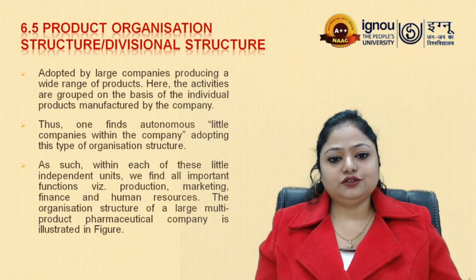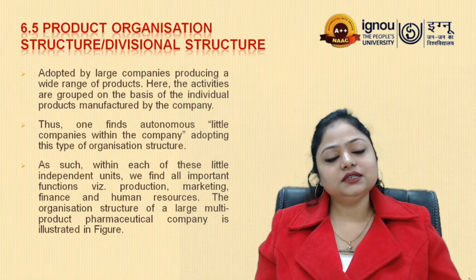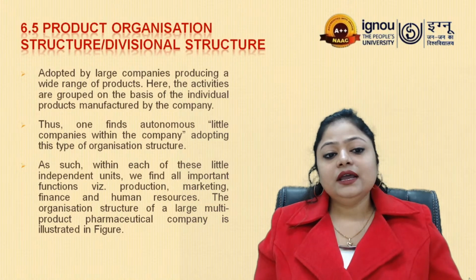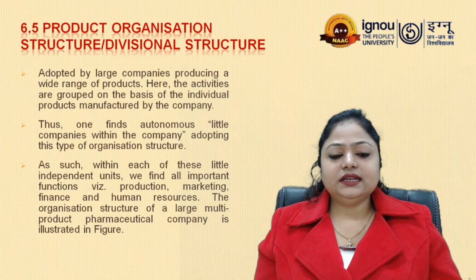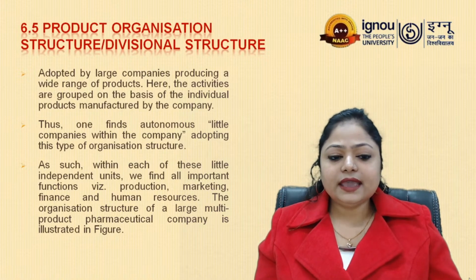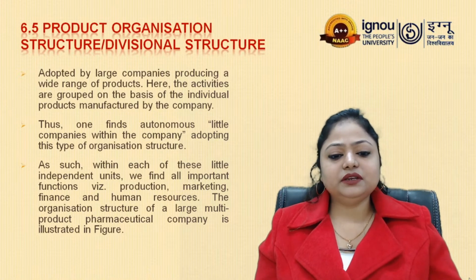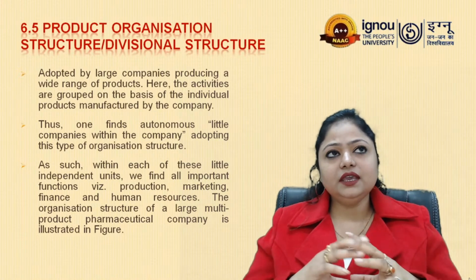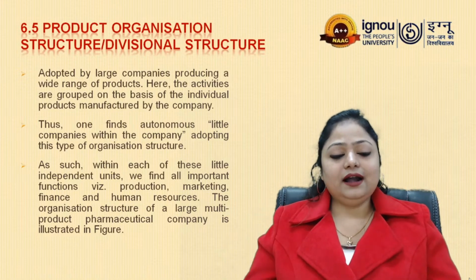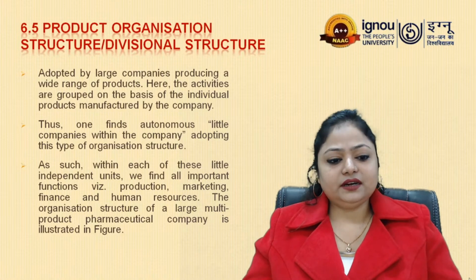Thus, one finds autonomous little companies within the parent company adopting this type of organizational structure. Within each of these little independent units, we will find all important functions getting done: production, marketing, finance, and human resource departments. So each of the different products will have its separate unit with all the independent functional units.